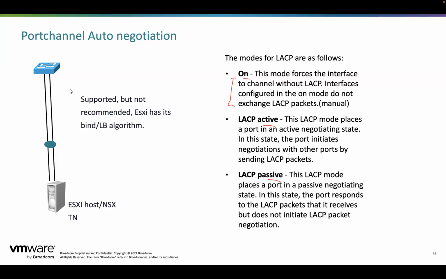For a specific EtherChannel, we need at least one side active for this protocol to work. You initiate the communication from the active side with the passive one, and then there is some follow-up negotiation.